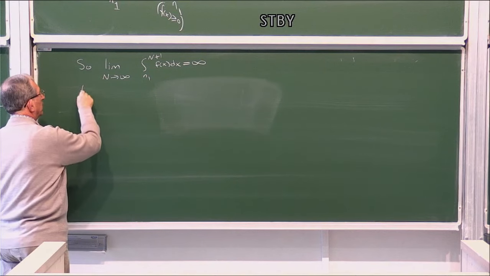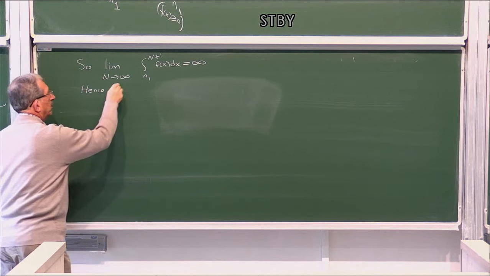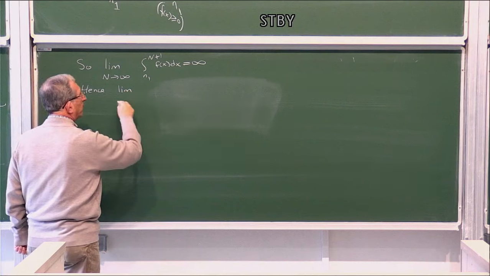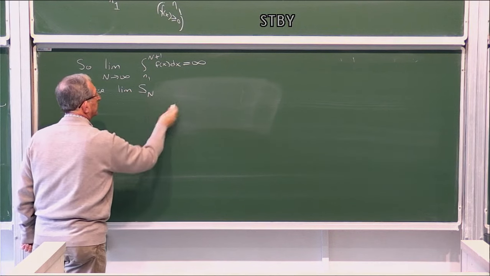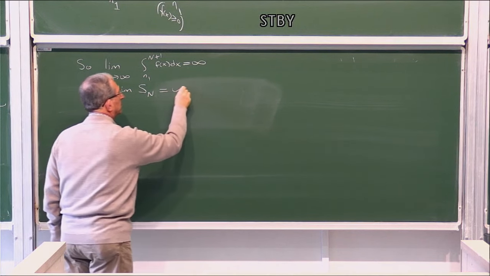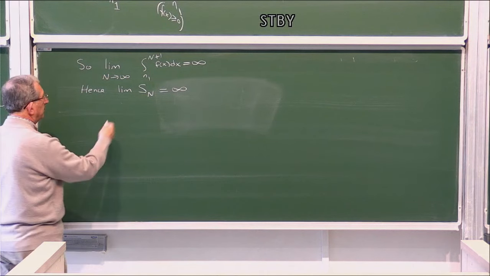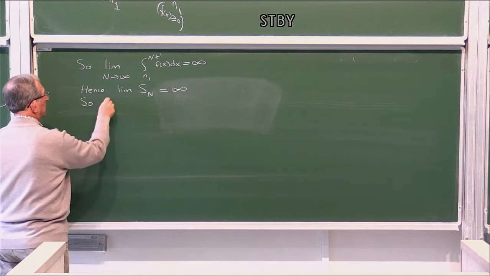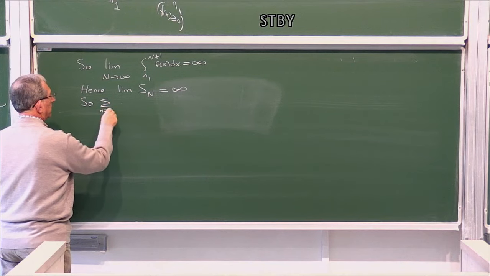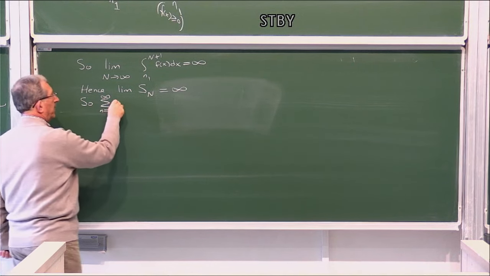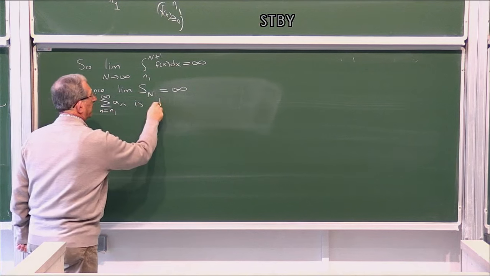So the limit over n of Sn is infinity as well. Well, this says that the series from N1 to infinity of a_n is divergent.